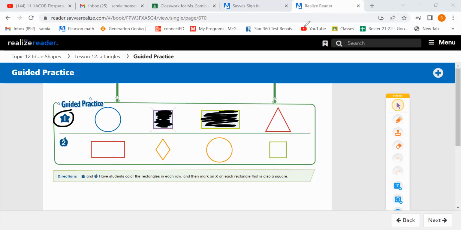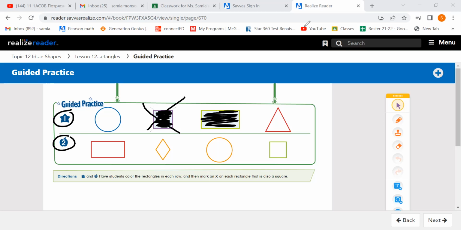Now I want you to mark an X on each rectangle that is also a square. So which rectangle is also a square? Mark an X on it. It's right here. This is a rectangle that is also a square.